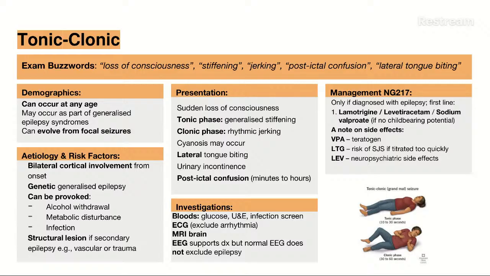The seizure typically begins with the tonic phase, where you have sustained muscle contraction and generalized stiffening of the body. Sometimes patients might let out an epileptic cry, and then they collapse and lose consciousness. This is followed by the clonic phase, in which rhythmic jerking occurs due to alternating contraction and relaxation of the muscles.